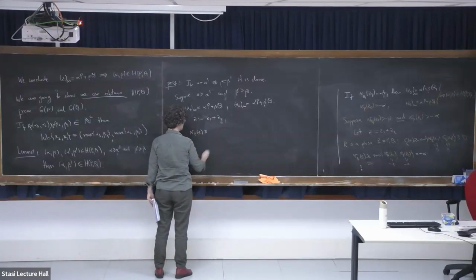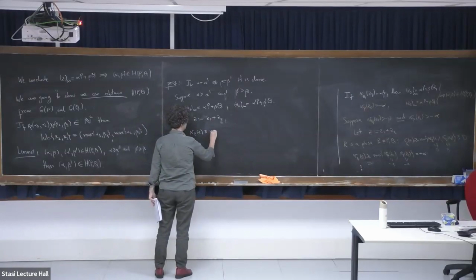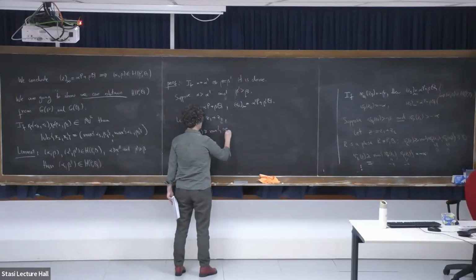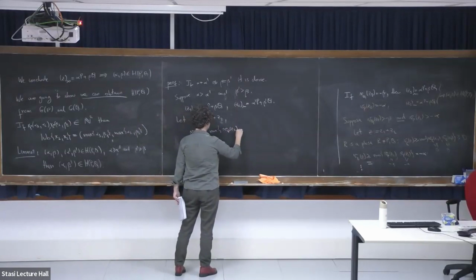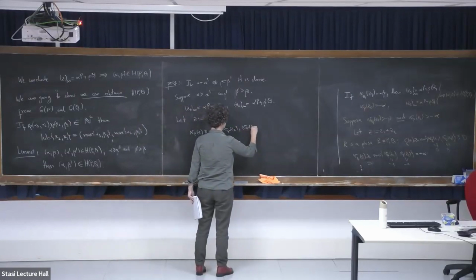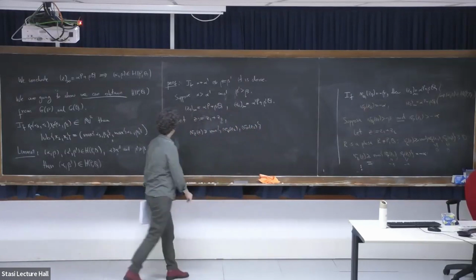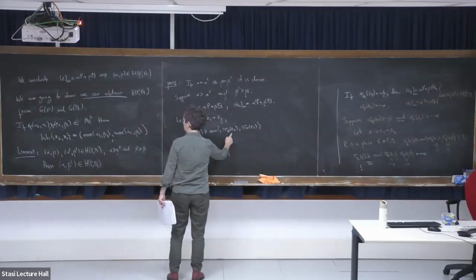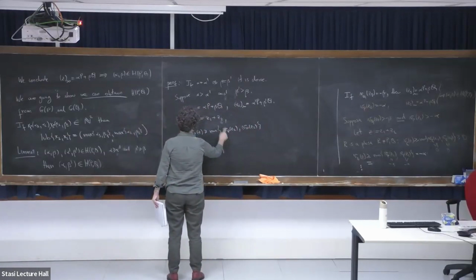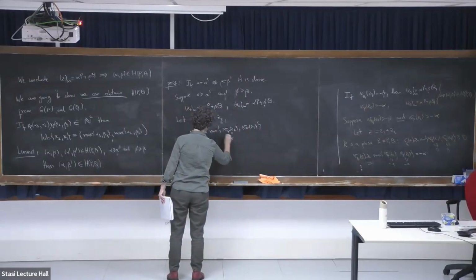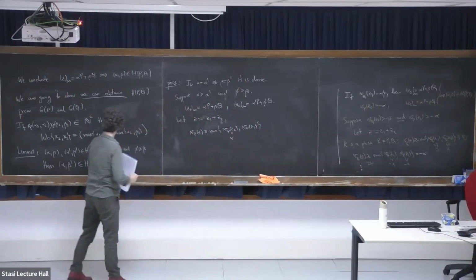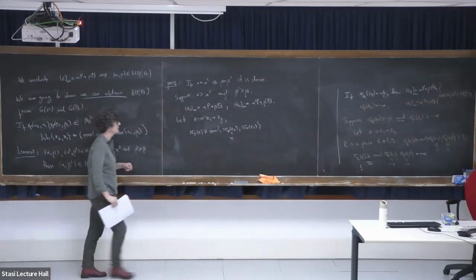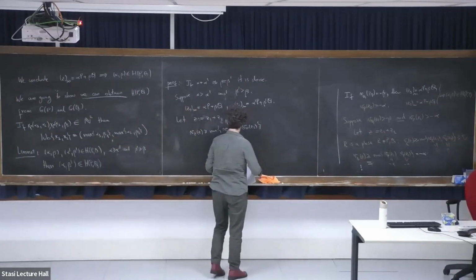This has to be larger or equal than the minimum of the valuations of zeta 1 and zeta 2. The valuation of zeta 1 at P is just minus alpha, and the valuation of zeta 2 at P is minus alpha prime.